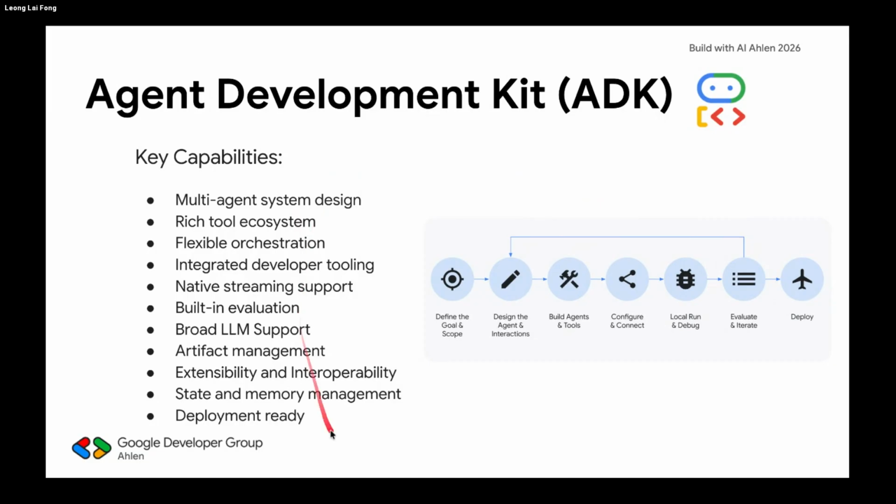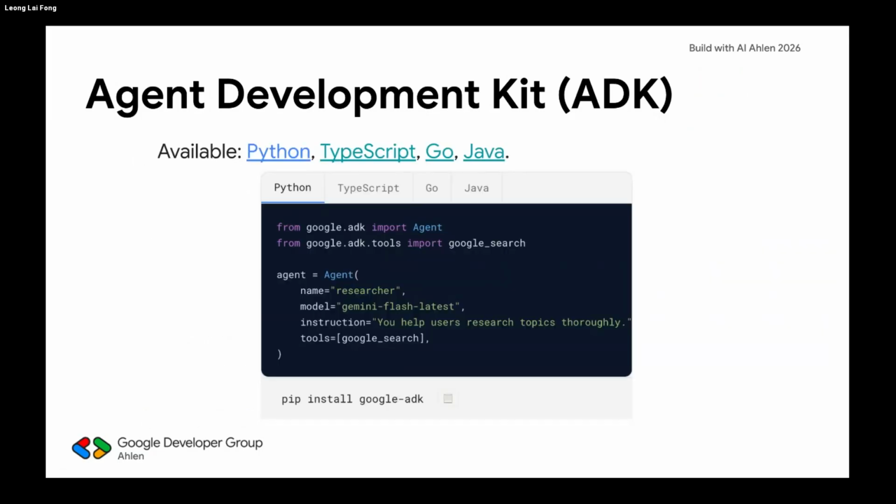And for the highlight of today, we want to emphasize that it is deployment ready and very easy to integrate and deploy. And of course, with tracing and observability built into ADK, it's very easy for us to trace. We'll look into it in the example later, so no worries.